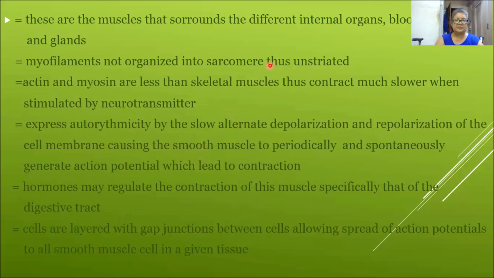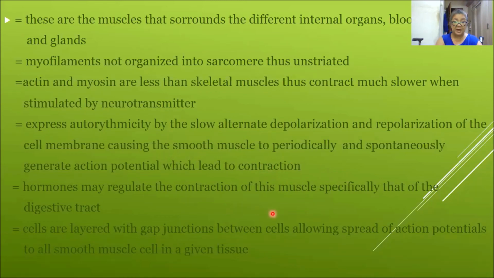It expresses autorhythmicity by slow alternate depolarization and repolarization of the cell membrane, causing the smooth muscle to periodically and spontaneously generate action potential, which leads to contraction. Hormones may regulate the contraction of this muscle, specifically that of the digestive system.